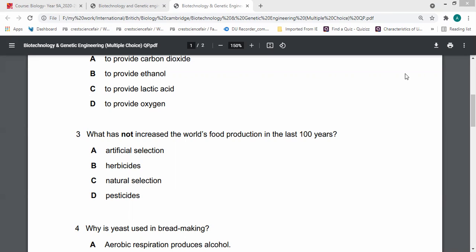Who knows the answer, guys? Pesticides. Pesticides increase the world's food production in the last 100 years, not pesticides. Herbicides. Who said it? Me. Reem? Yes.